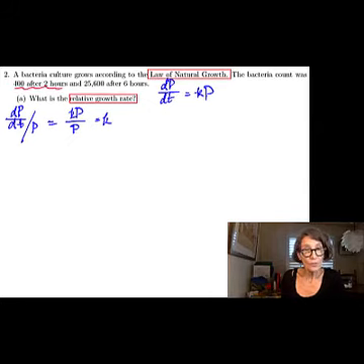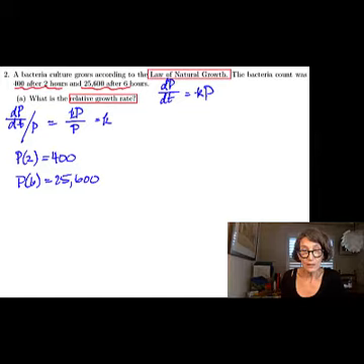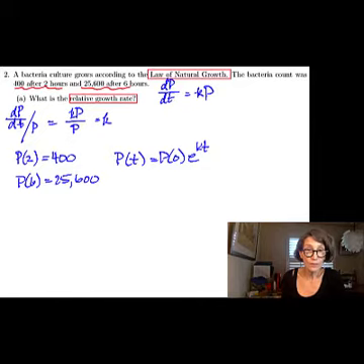We're going to use the population after 2 hours, which is 400. We know that that means P of 2 is 400 cells, and P of 6 is 25,600 cells. And the law of natural growth says the population at any time t has to be the initial population times e to the kt, where k is that relative growth rate we're looking for.